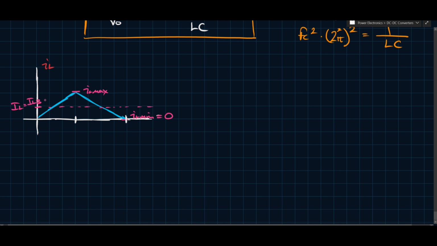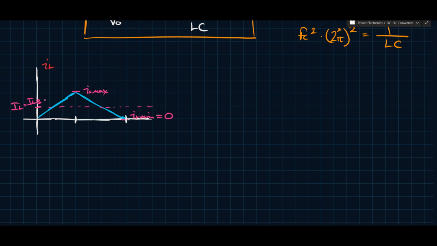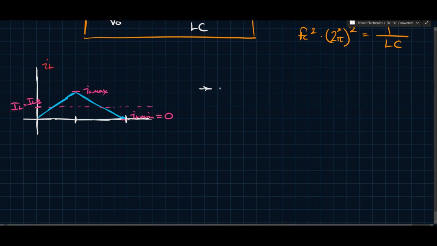So this is the boundary inductor current. It tells you where the boundary is between continuous and discontinuous conduction modes. So we can say then that when IL min equals 0, we can define where the boundary current is. So how do we find the boundary current?